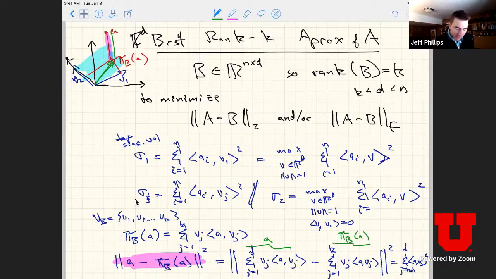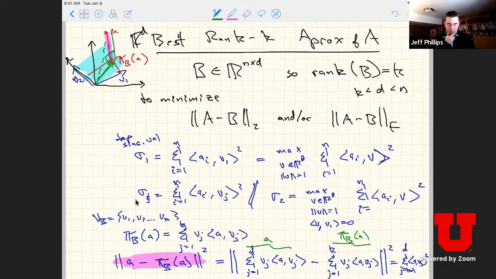And by the Pythagorean theorem, these are orthogonal. The total squared distance is the sum of the squared components, right? And I can decompose it here.